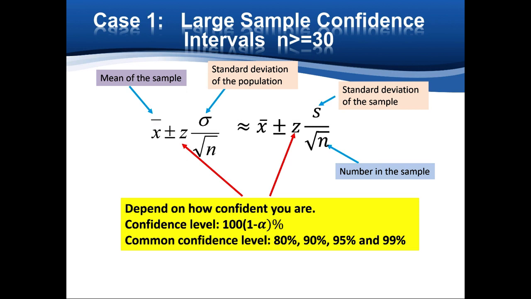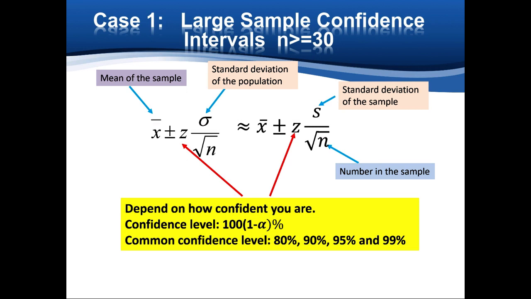The formula is that x bar plus minus a z-score times sigma, the population standard deviation, divided by square root of n. N is the sample size.